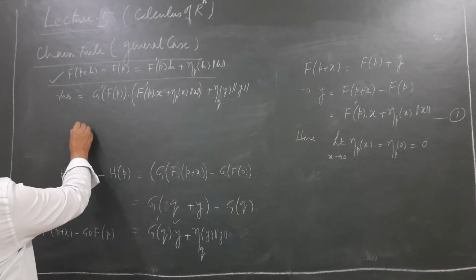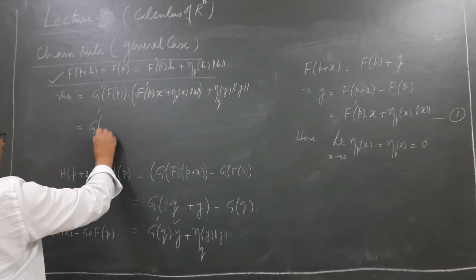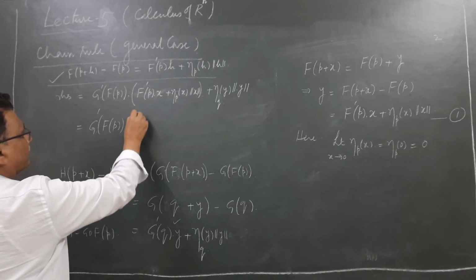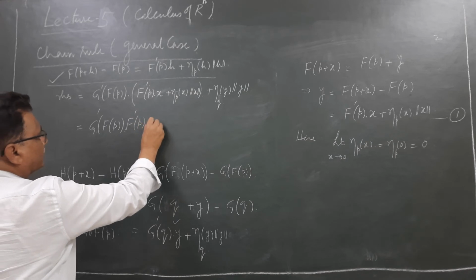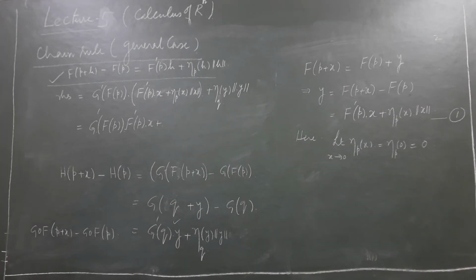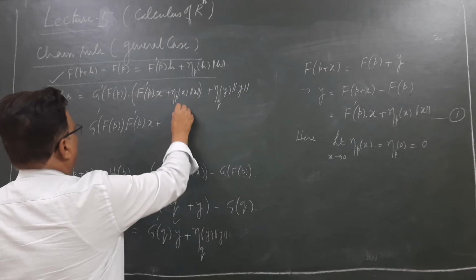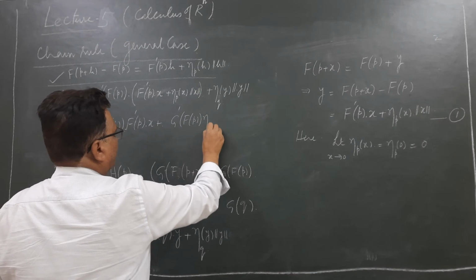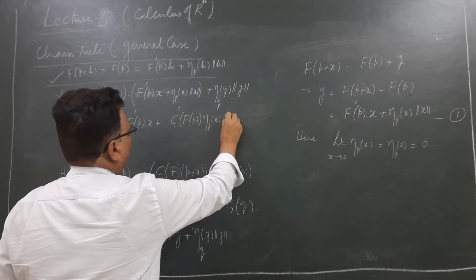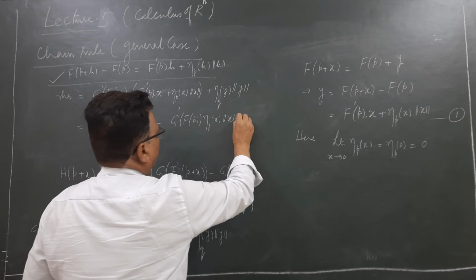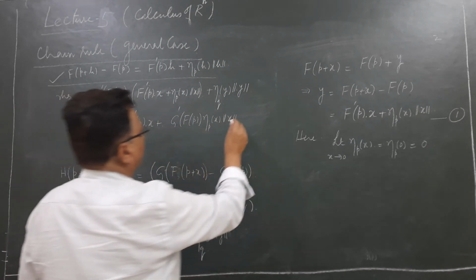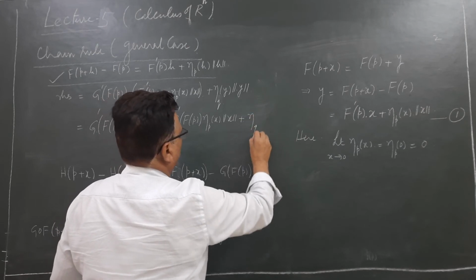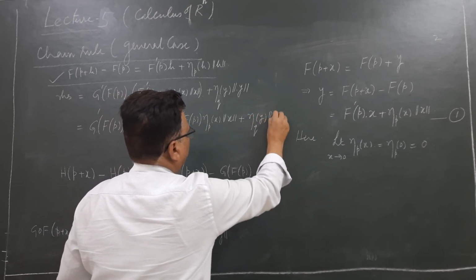Let us simplify a little more. So this is g dash f p into f dash p into x plus g dash f p into eta p of x into norm of x, plus eta q of y into norm of y.